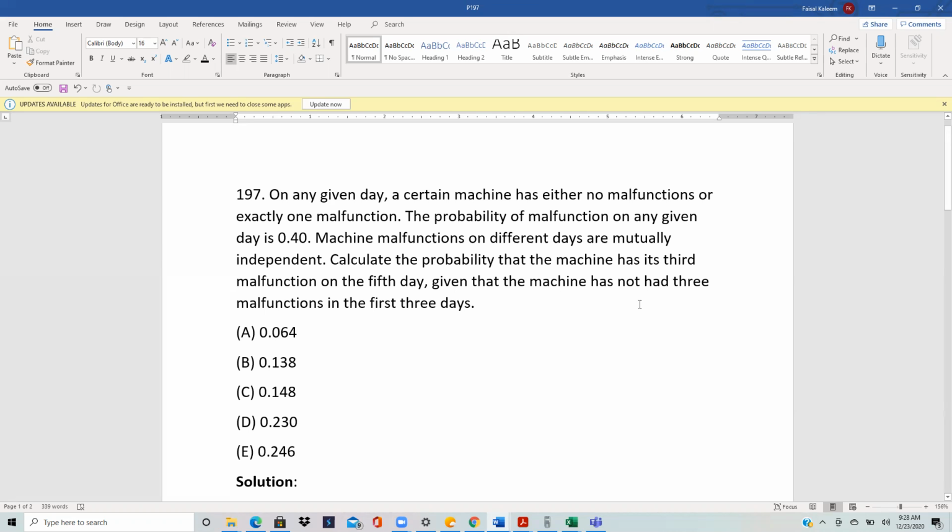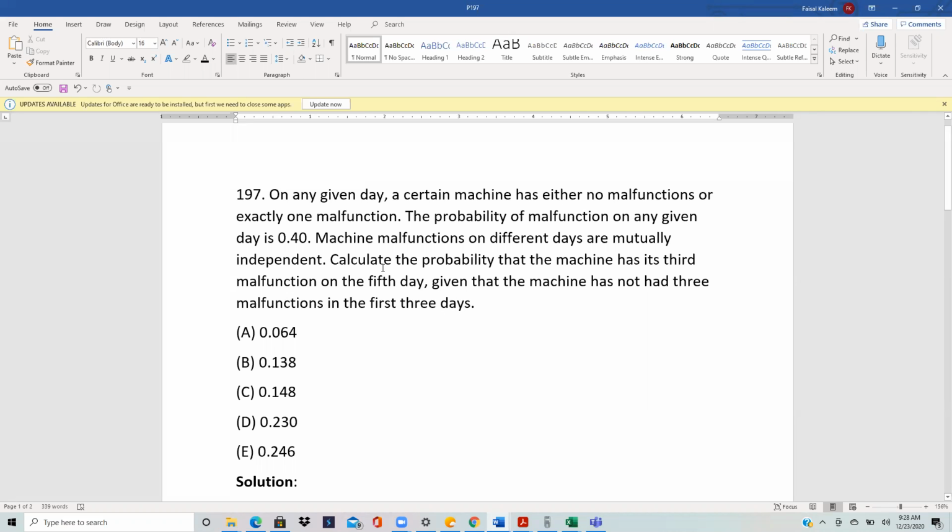At first sight, it seems as if we are saying that the first 3 days were all non-malfunction days. No, that's not what we are saying. We are saying that in the first 3 days, we have not had three malfunctions, which means we could have had 0, 1, or 2 malfunctions. So that's what this last part is saying.